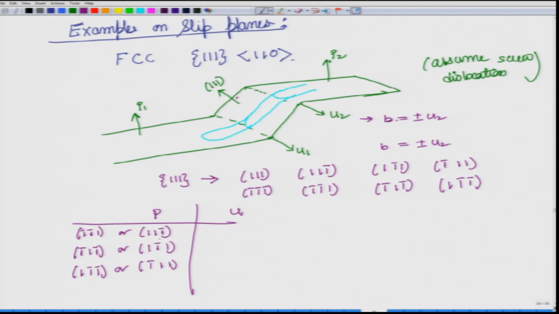If this is the possibility for the plane, what will be the common direction? If this is 1 1 bar 1 and the other one is 1 1 1, what is the common direction of the type <1 1 0>? As you will find out, there is only one possibility here. In this particular case, you can see this one will lie on this because if you take a dot product, it will come out to 0.